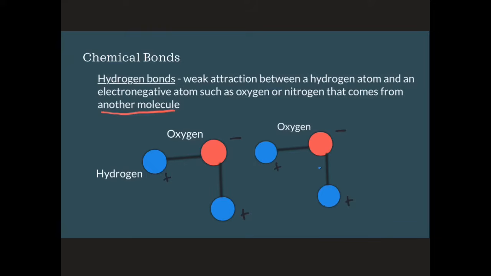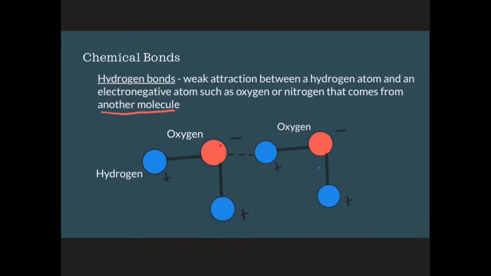When molecules of water come together, because there is a slightly negative charge on oxygen and a slightly positive charge on the hydrogen, there is a weak attraction between these two here. So these are two separate water molecules, and they are attracted here because of the changes in the charges here, okay?